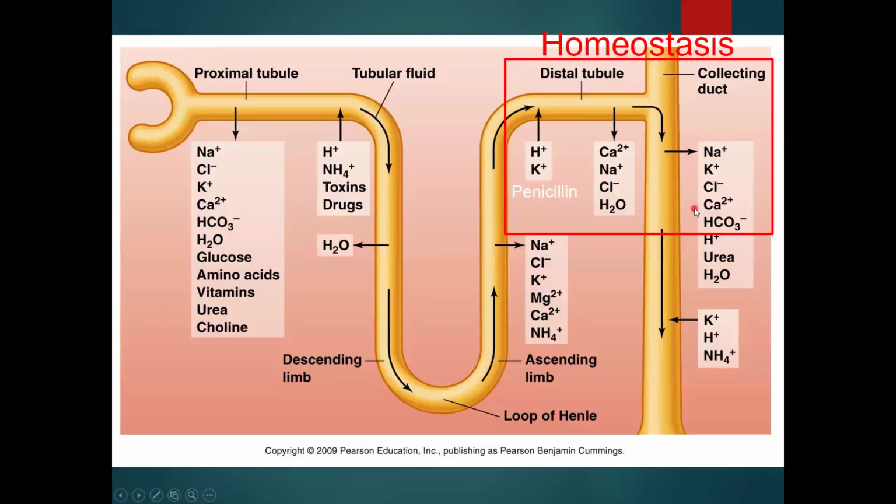So those are variables. The ascending limb doesn't change its amount of salt that it puts into the blood very much. It's fairly constant, but the distal convoluted tubule and the collecting duct can change the amount of salt they put into the blood and therefore change the amount of water that's taken up.